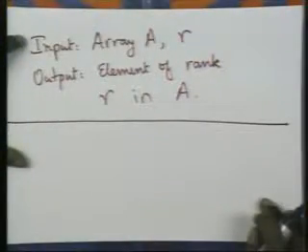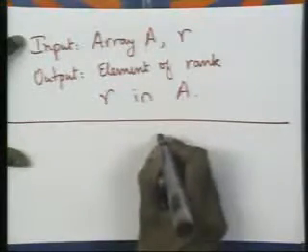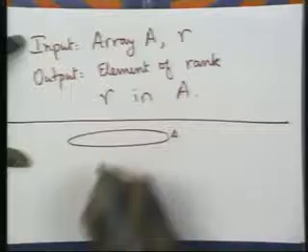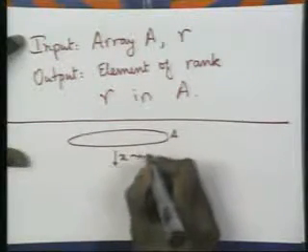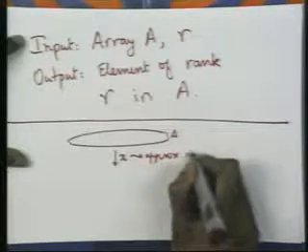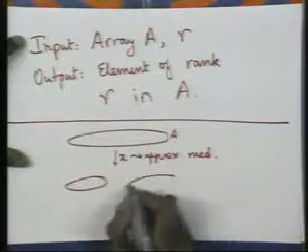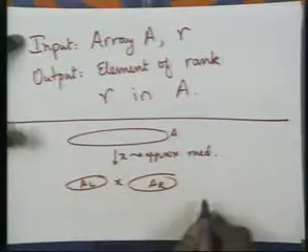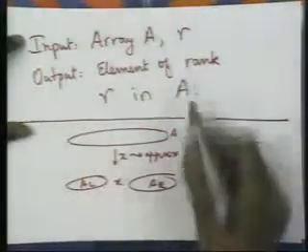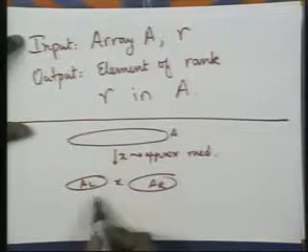Now you see that there is no problem with the recursion, at least. I start with an array A. Supposing this is still a step which is left undone, I get x, which is an approximate median. I split the array into two parts, AL and AR, and x. I want to find an element of rank R. If R is less than the size of AL, I recurse on AL.